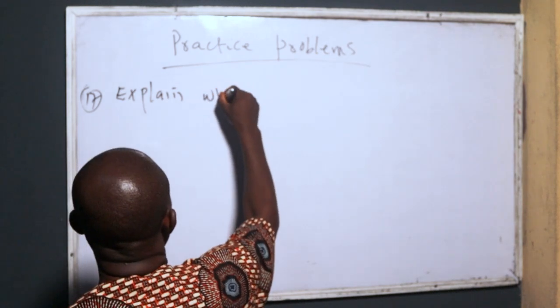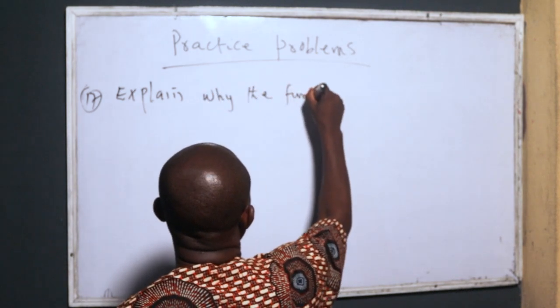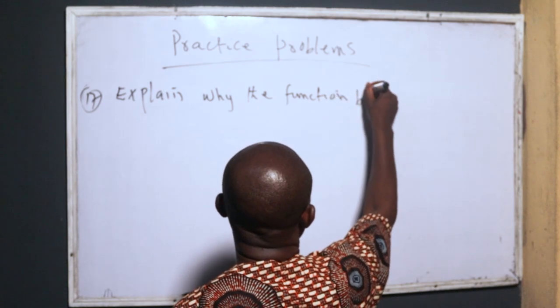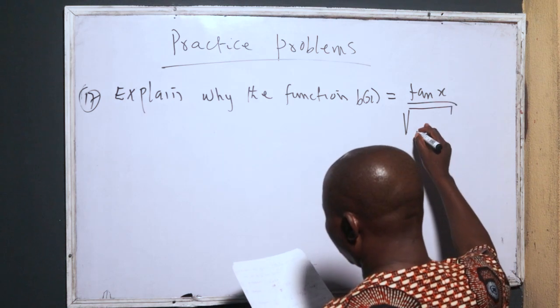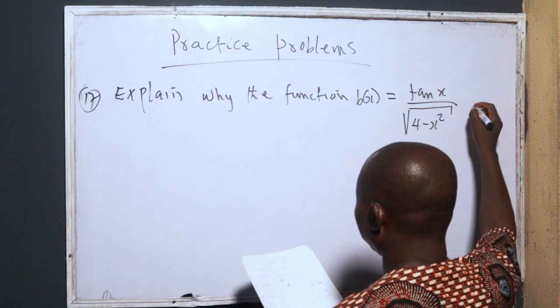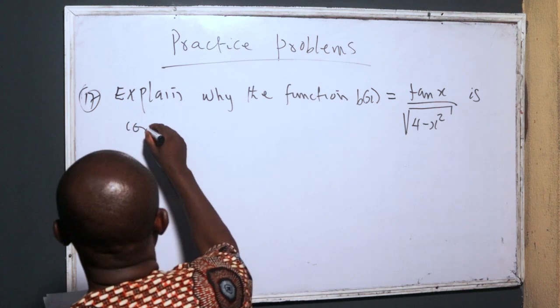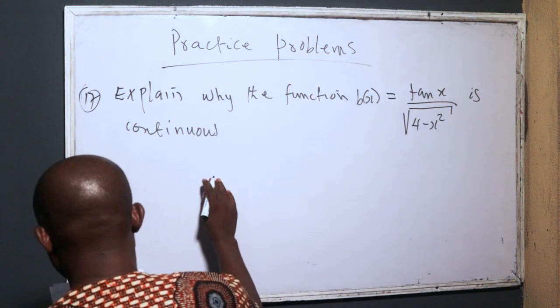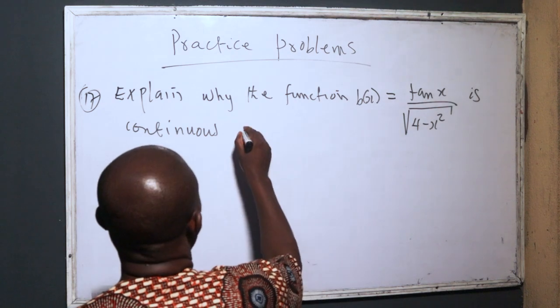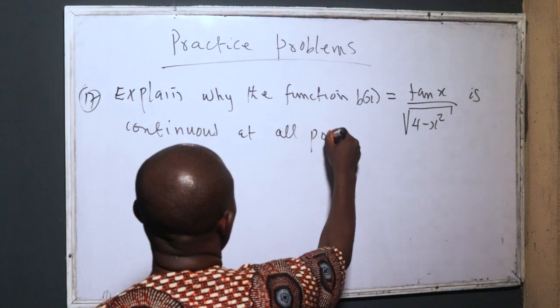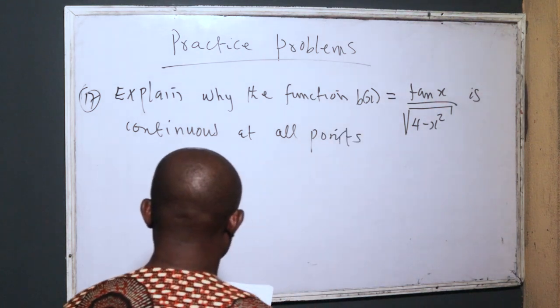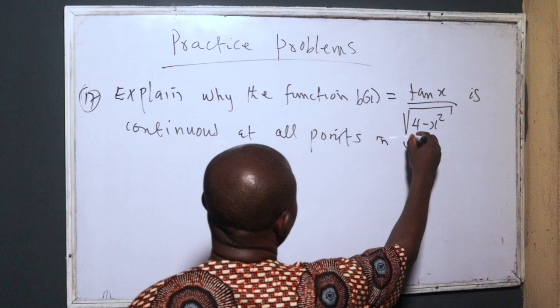Explain why the function b of x, which we define to be tan x over the square root of 4 minus x squared, is continuous at all points in its domain.